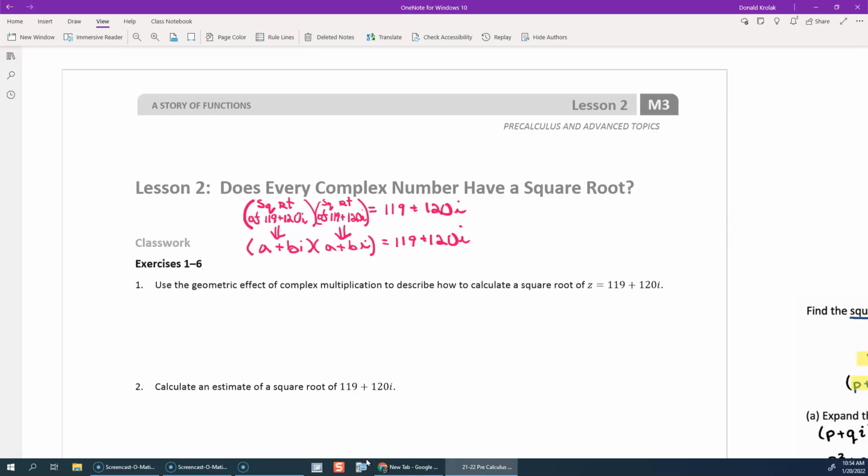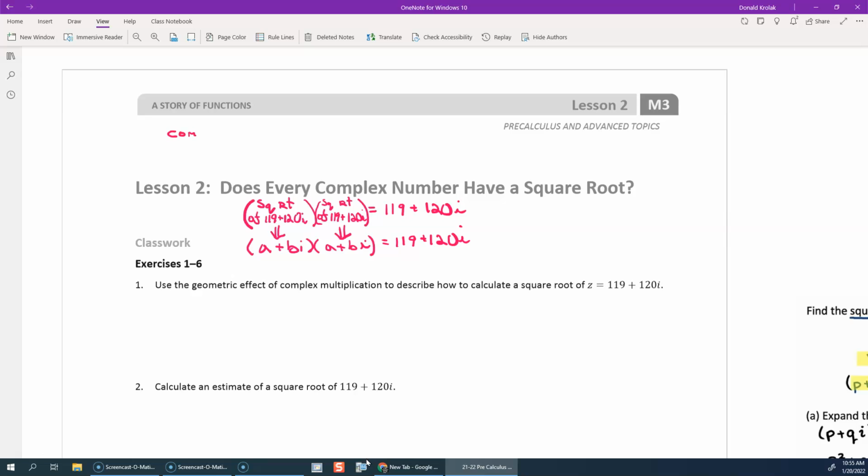So if I take the modulus of a plus bi and the modulus of a plus bi and multiply them, I'm going to get the modulus of this term. When you find the argument of this term, you added the argument of the two complex numbers you were multiplying. All right, so this is what I'm referring to.